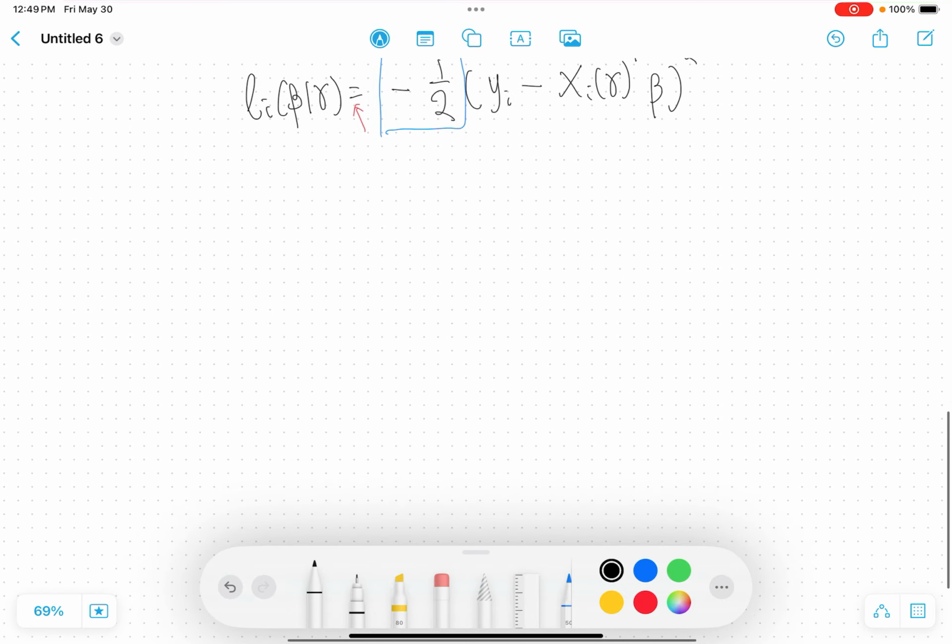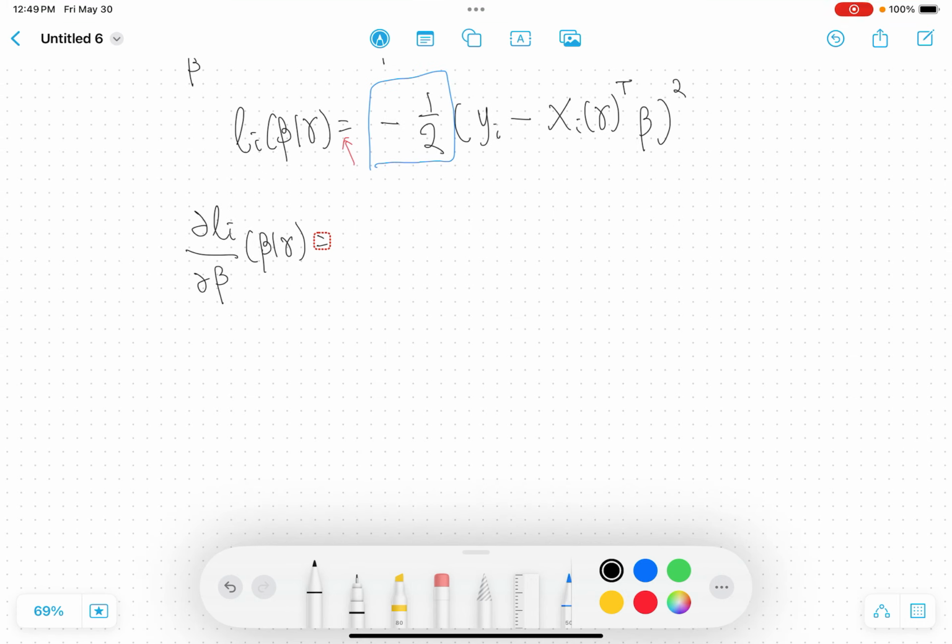So, differentiate Li with respect to beta first, right? And then the minus 1 over 2 cancels out, and you get xi gamma, yi minus xi gamma transpose beta.